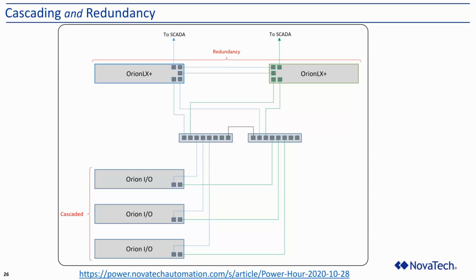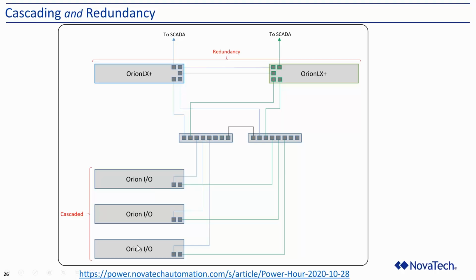In this type of larger application, redundancy could be common, and you could also cascade multiple Orion I/Os like I mentioned earlier. What this allows is for the user to have one redundant configuration file that you would load into the primary unit. That config file would be sent over to the secondary Orion LX Plus RTU. In addition, it would also send configuration files down to your cascaded Orion I/O modules.